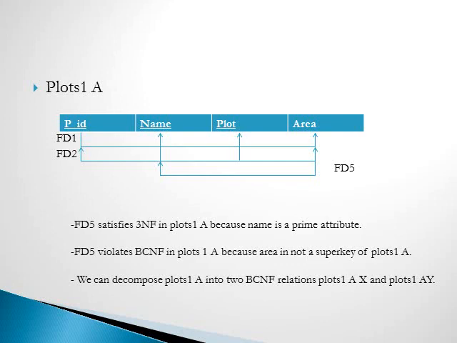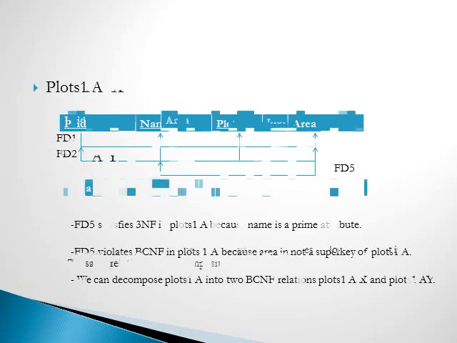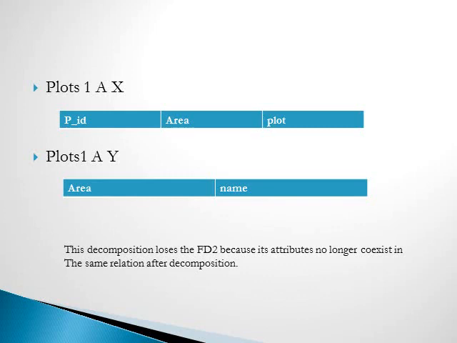But in FD5, name is dependent on area, where area is not a super key of plots 1A. So this relation is not in BCNF. But this relation is in 3NF because name is a prime attribute. We decompose the relation plots 1A into plots 1AX and plots 1AY.